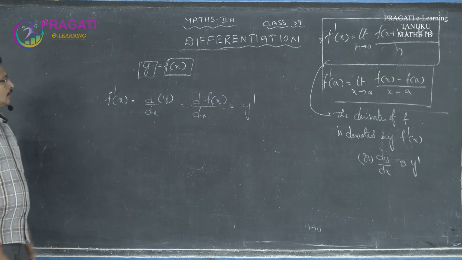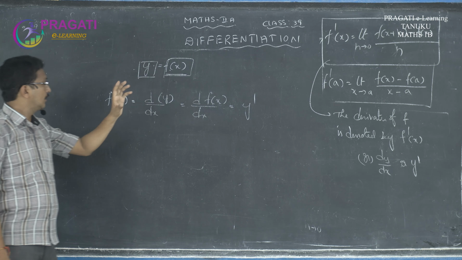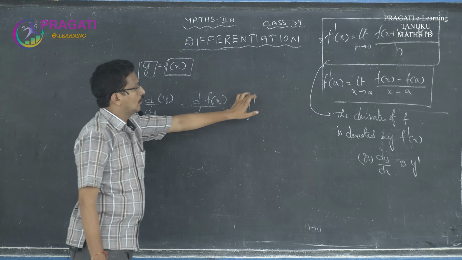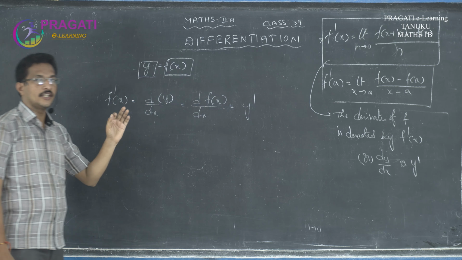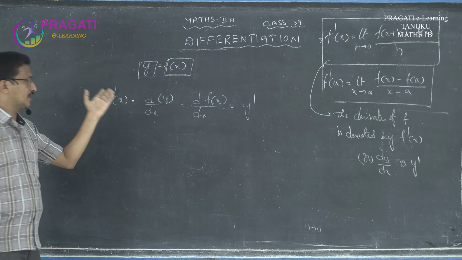Okay. Y is equal to f of x is a function, then the derivative of f of x is denoted by either f dash of x or d by dx of y or d by dx of f of x or y dash. These are all called the derivative of the function at x, and it is denoted by these four ones.